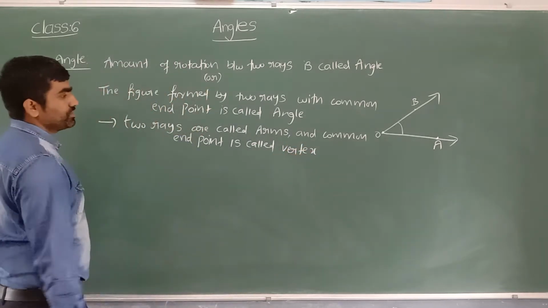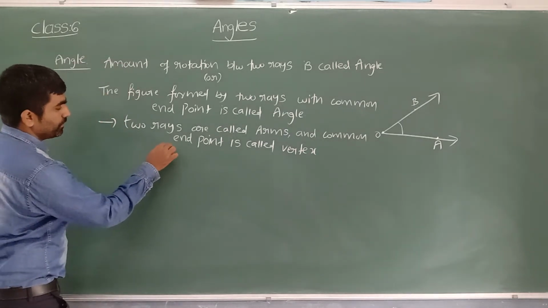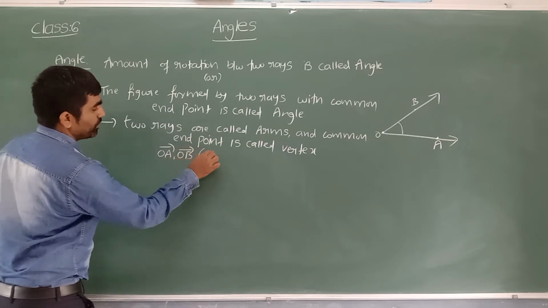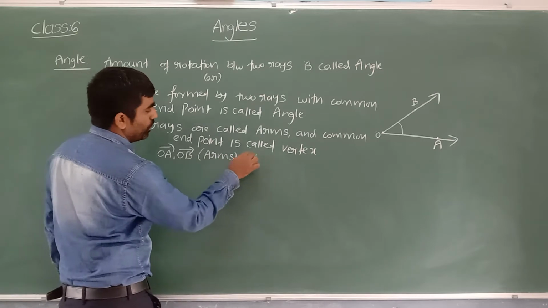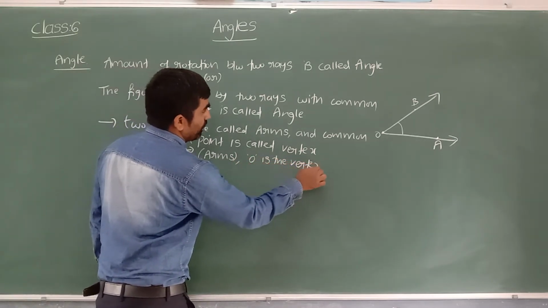So what are the arms we can see here? The arms are OA and OB. They are called arms. And what is the vertex here? O is the vertex.